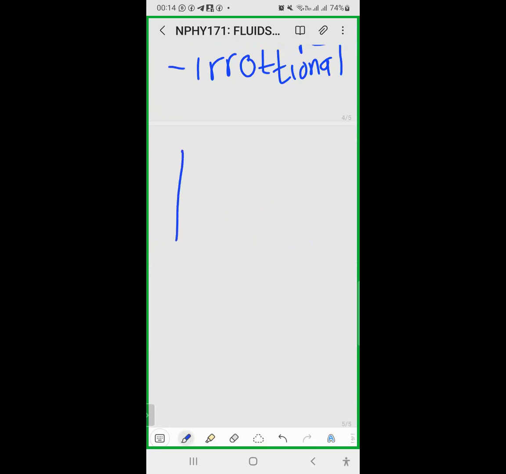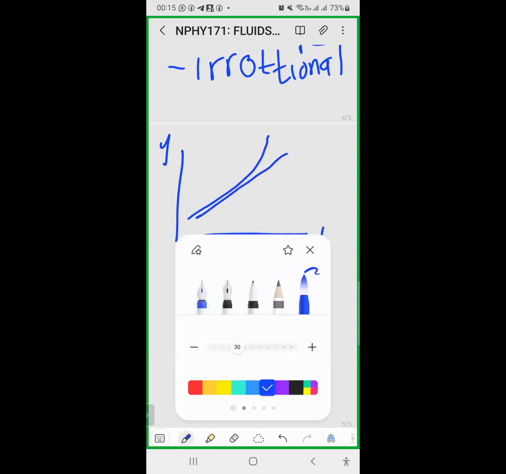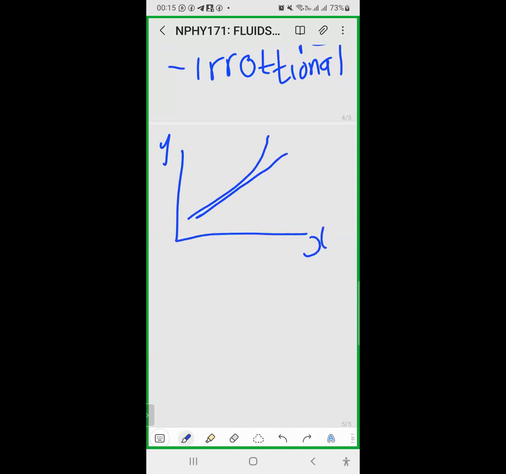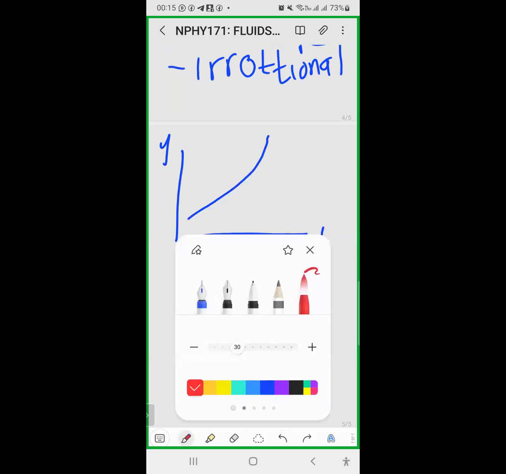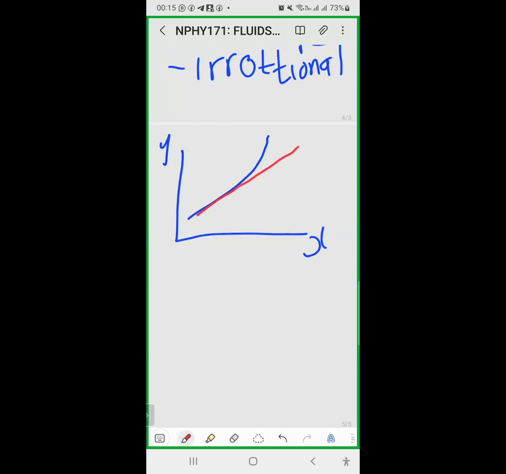If you have your Cartesian plane, this is your y, your x, and this is your function. A line that is everywhere tangent to the velocity field will be the streamline.